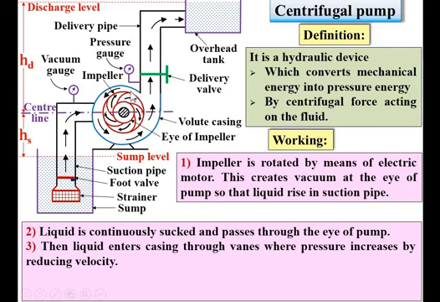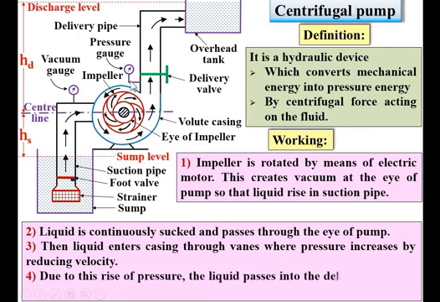Similarly, in the casing, area is also gradually increasing, and so once again the pressure is increased. Due to that pressure, the fluid rises in the delivery pipe. So due to this rise of pressure, the liquid passes into the delivery pipe and is lifted to the required height.